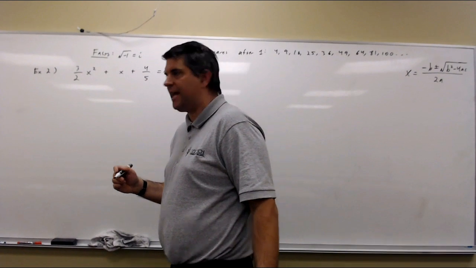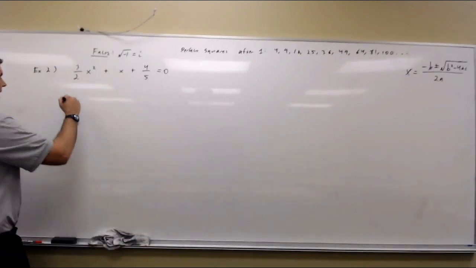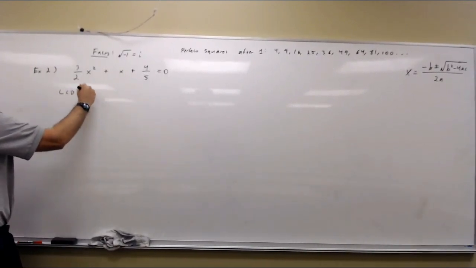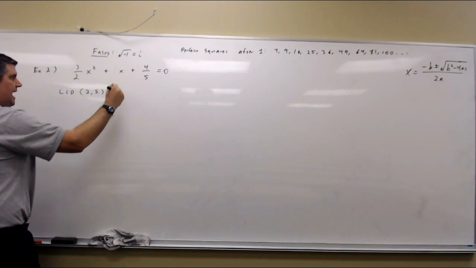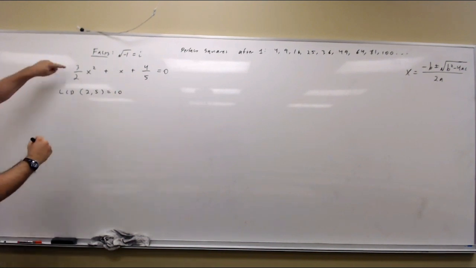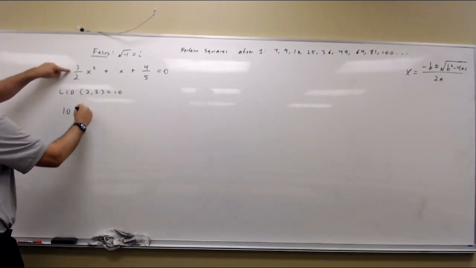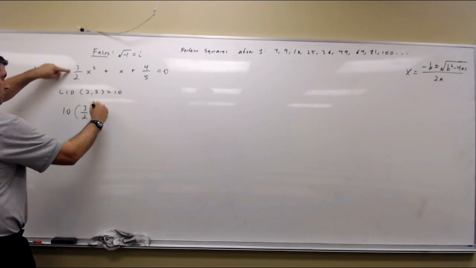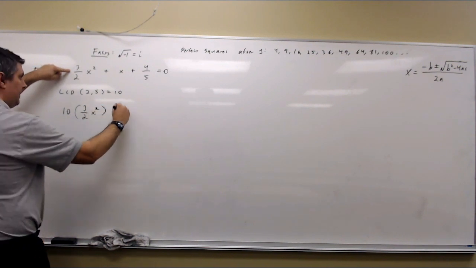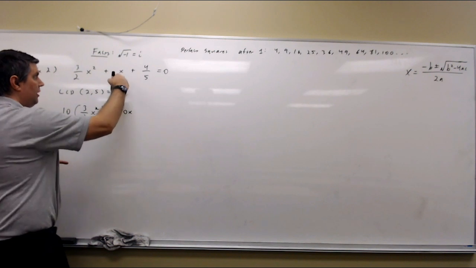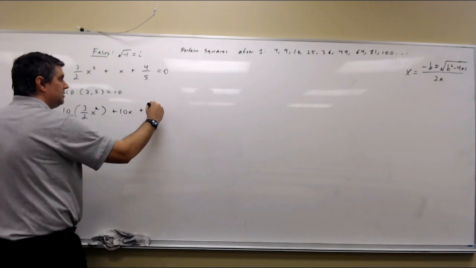All right, here's a second example. Here, the LCD of 2 and 5 is 10. So we'll need to multiply everything by 10. That includes the x.